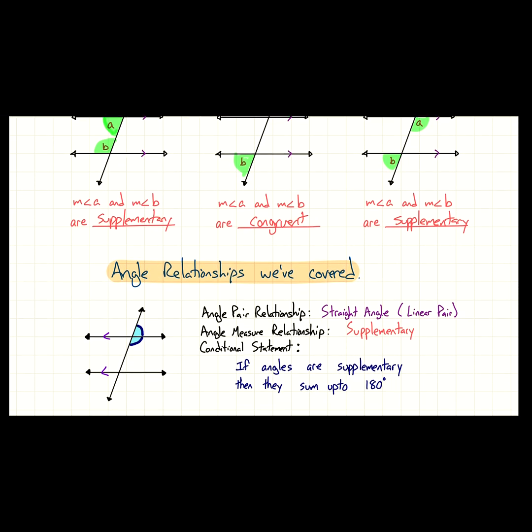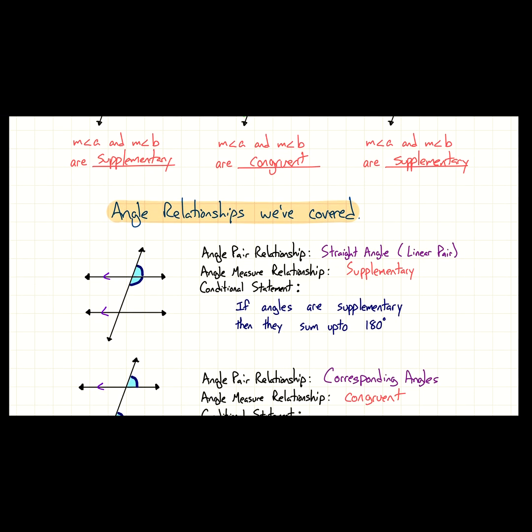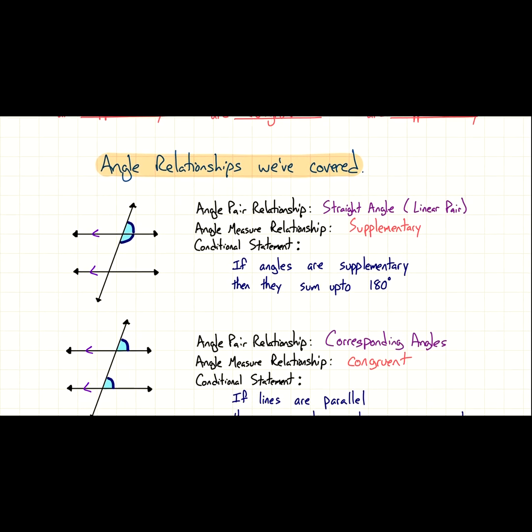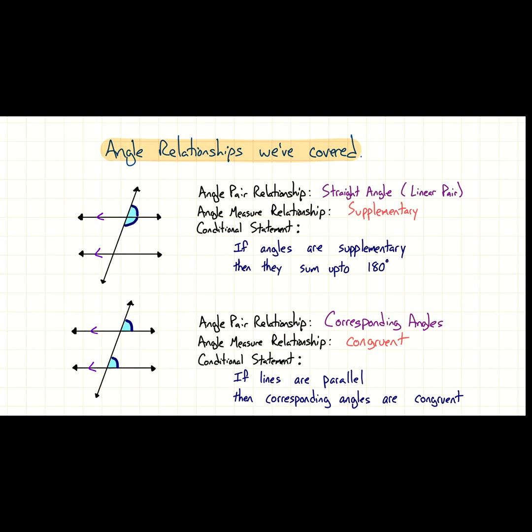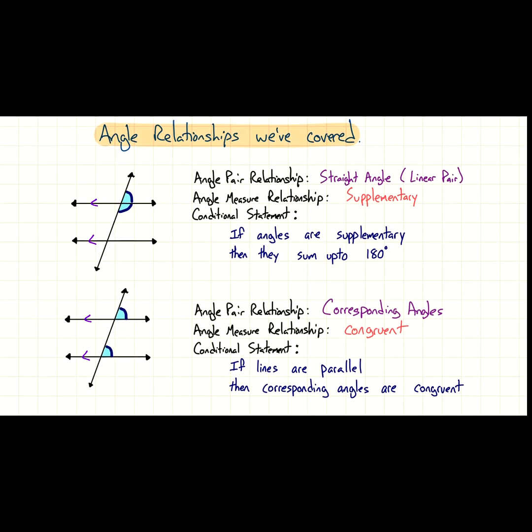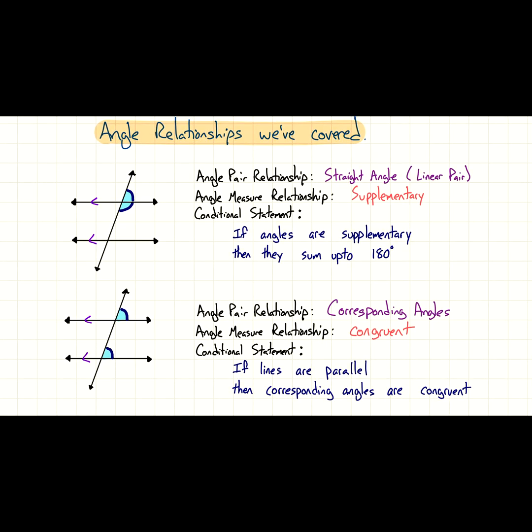Moving forward, this is giving you some of the same information as last time, a little bit more organized. The angle relationships we covered last time was the straight angle, which is the linear pair. And so there are the titles. There's an angle pair relationship.